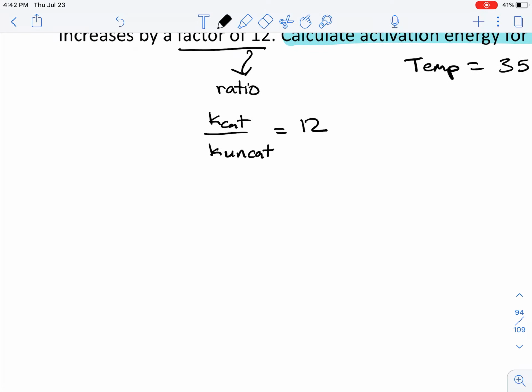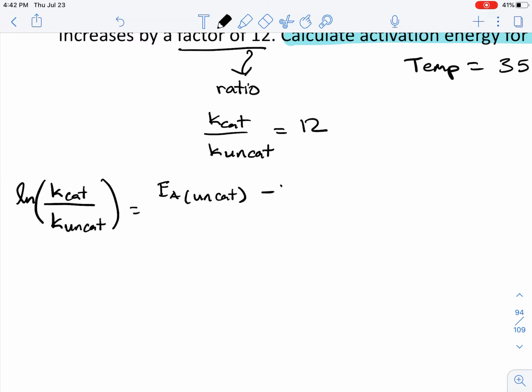And so the natural log of the rate constant of the catalyzed over the rate constant of the uncatalyzed reaction is equal to the activation energy for the uncatalyzed reaction minus the activation energy for the catalyzed reaction over RT.